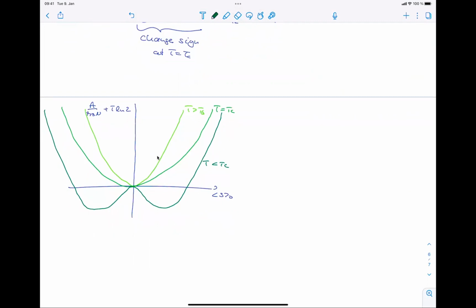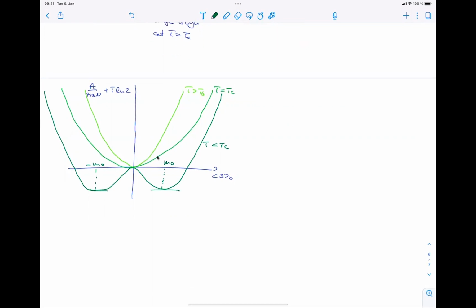And so since the system will attain the state of minimizing the Helmholtz free energy, we find that above the critical temperature, at critical temperature, there's only a zero magnetization, but below the critical temperature, I have an m naught and minus m naught defined by these two minima, which correspond to a spontaneous magnetization below critical temperature.